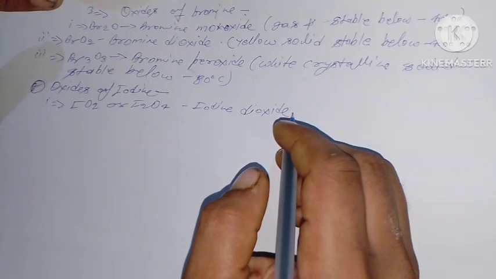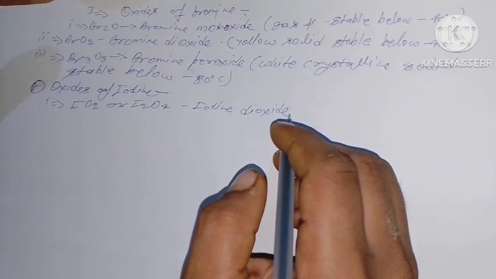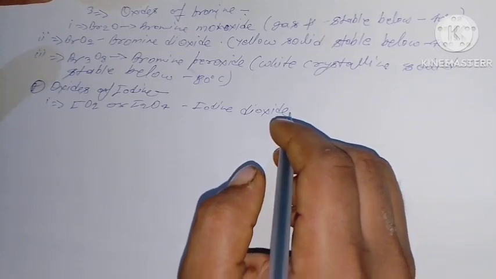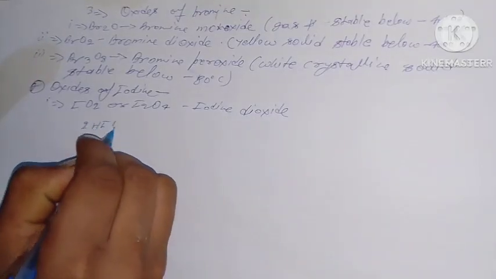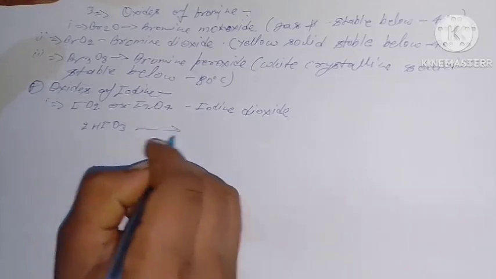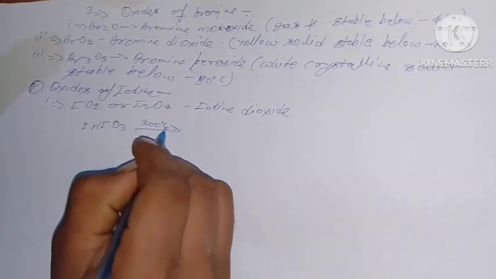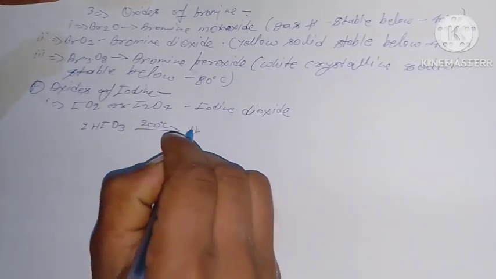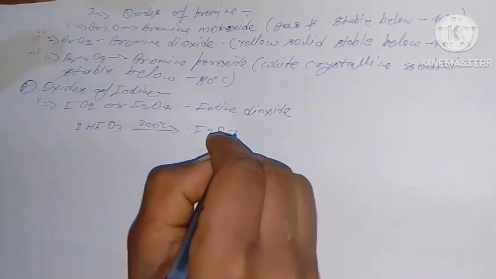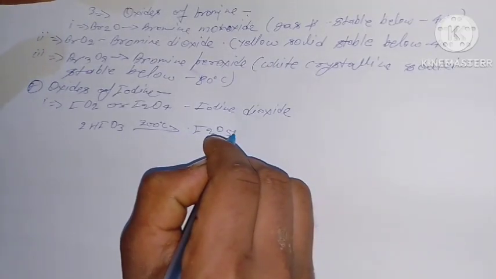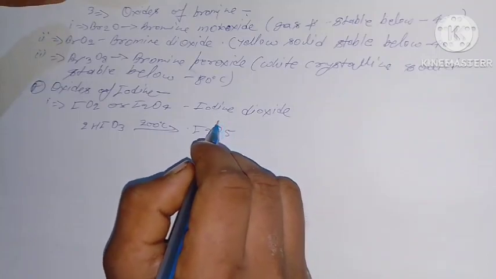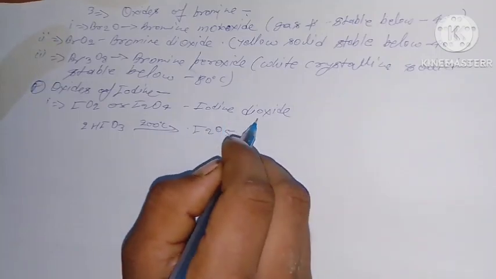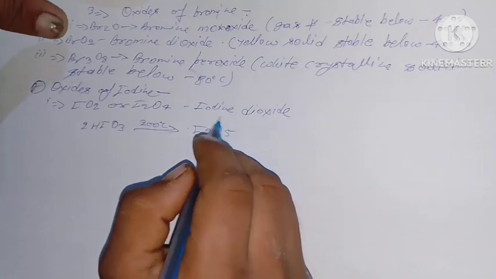It is prepared by heating iodic acid at 200 degrees Celsius. Iodine dioxide is a lemon yellow powder.